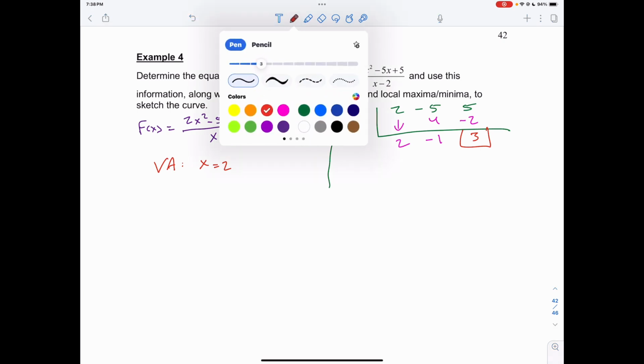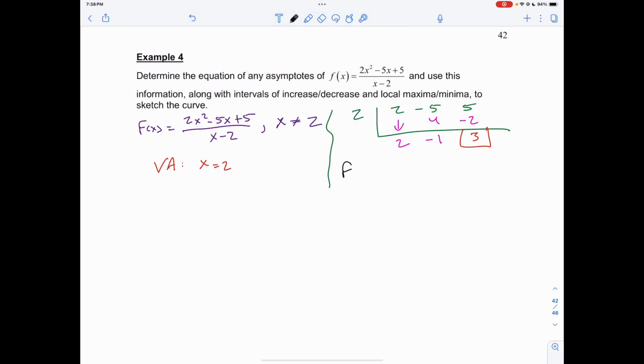And I can see that I could rewrite it as f of x is equal to 2x minus 1 plus 3 over x minus 2.